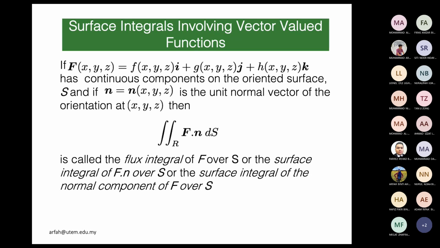So this is the integral of vector F over the surface S, also known as the surface integral of F. Dia ada dua nama, surface integral of F over S, atau also called the flux integral. Sometimes the question just tells you to find the flux integral for the vector F over S, or the surface integral of the normal component of F over S. These three are the associated integrations over the bounded region R for vector F and the unit normal vector n.